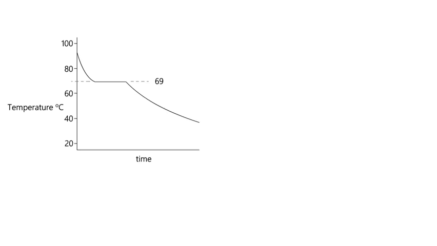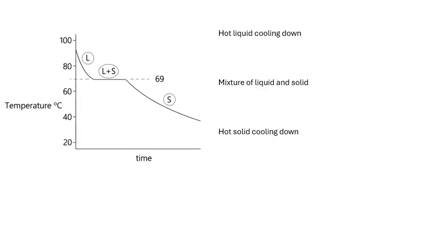So what's going on? Why is it this shape? Well, basically, to start with, we have a hot liquid cooling down. So it's losing energy to its surroundings, and it's just basically cooling down, temperature's getting less. On the horizontal bit, we have a mixture of liquid and solid. This is where it is solidifying, which is happening at the melting point.